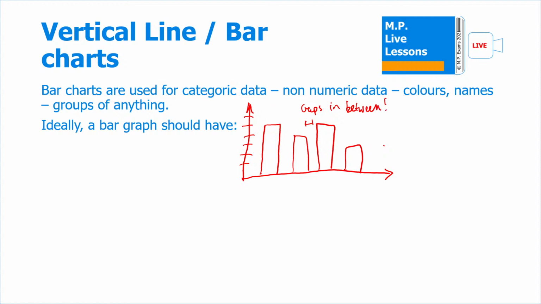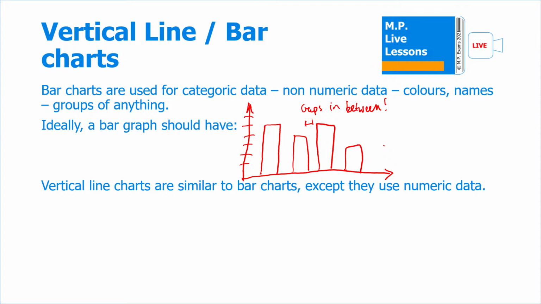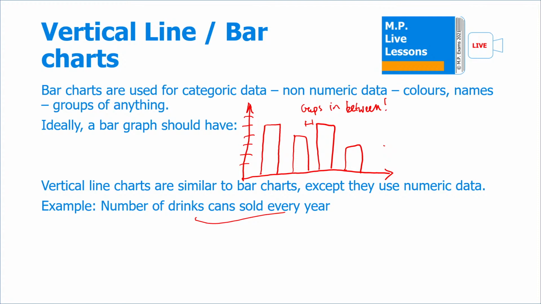Now, vertical line charts are similar to bar charts except they use numeric data. So instead, you'll see, for example, the number of drinks cans sold every year. I could plot this onto a little line chart, a vertical line chart. For example, we'll start with 2010, 2011, like this, and you'll just have a scale up here, so number of cans.